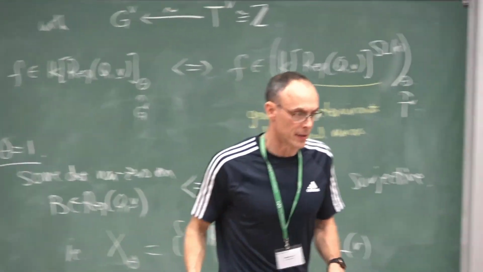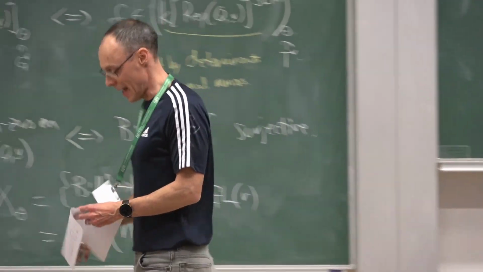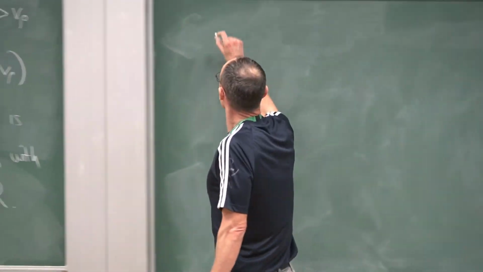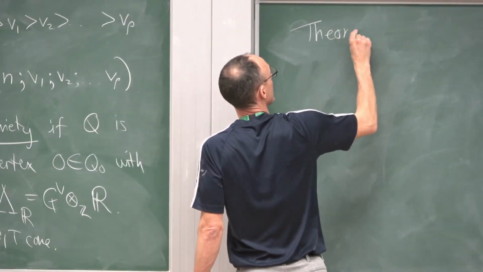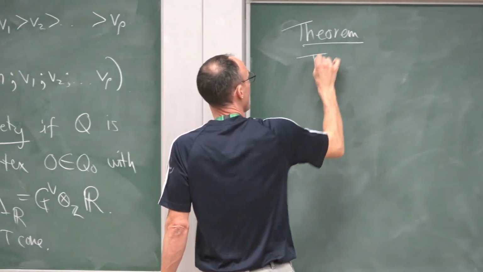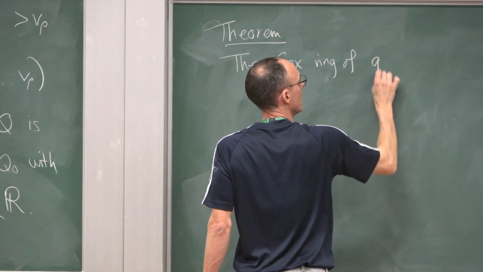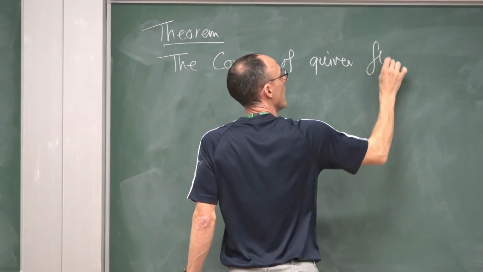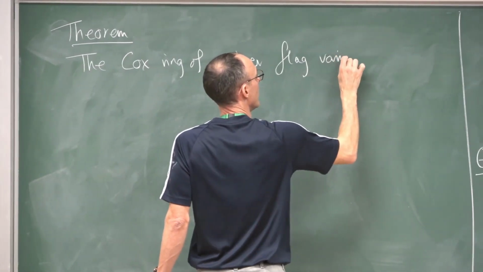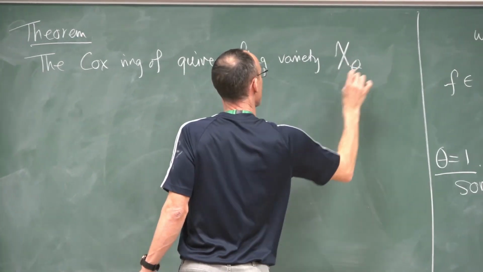And so the statement is that the Cox ring is isomorphic to the semi-invariant ring. So, theorem, the Cox ring of a quiver flag variety X_theta, and we do have some assumptions on here.